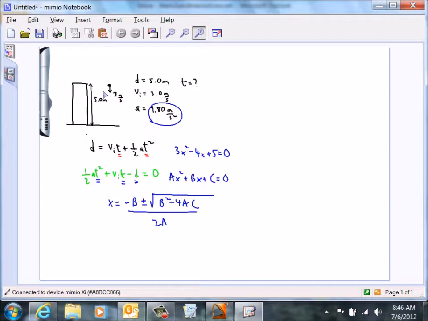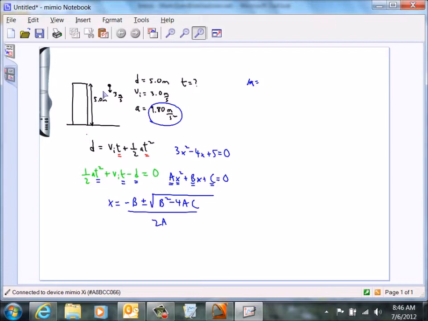So let's apply it to this particular problem. The first thing we need to do is to identify what is A, what is B, and what is C. So if I match up the two formulas, A is the coefficient of the x squared term. In my equation, my variable is t, so capital A is whatever I have as the coefficient of my t squared term.